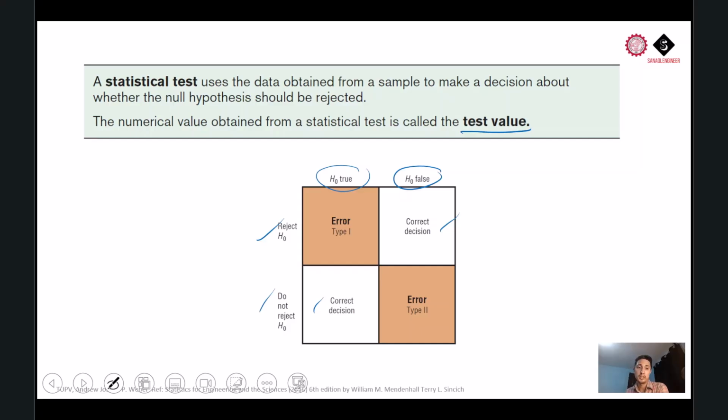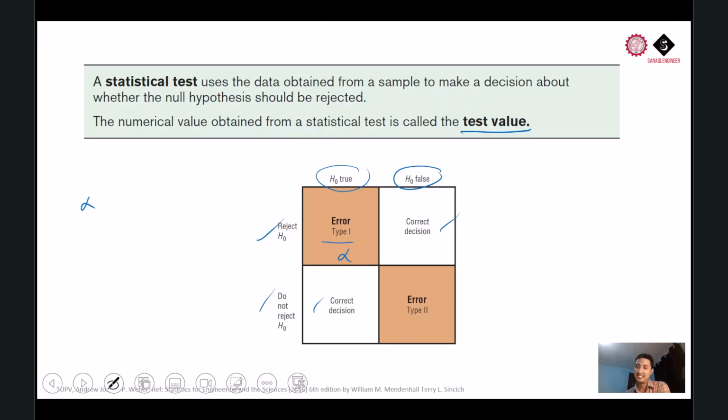For incorrect decisions or errors, of course, if the null hypothesis is true but you rejected it, then that's an error. That error is called type 1 error, and the numerical value for that is alpha, which is the level of significance.